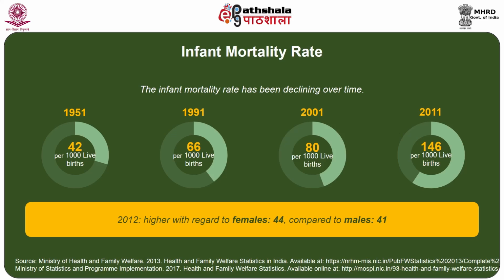Another alarming thing is gender differences in infant mortality. It clearly indicates the neglect shown to the female child: 44 is the infant mortality rate for females, whereas in the case of males it is only 41. So that is another area where we have to emphasize how best gender equality can be promoted, wherein the girl child can be taken care of adequately so that the neglect can be minimized.